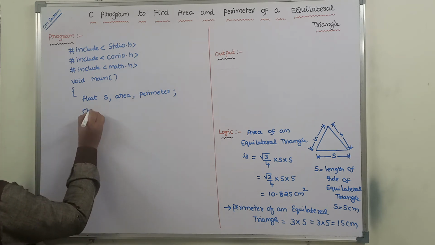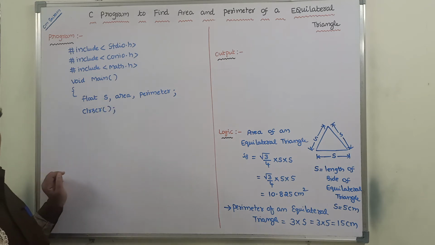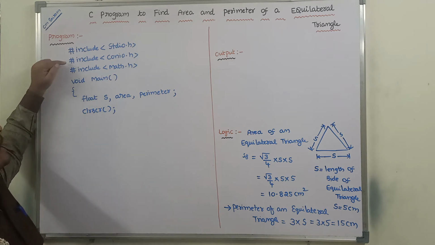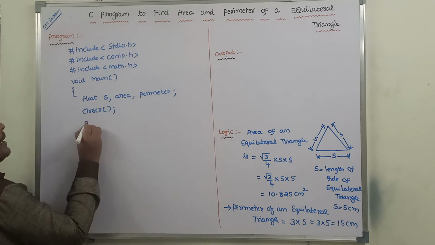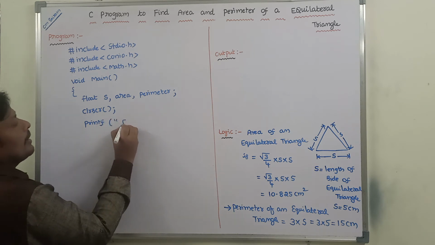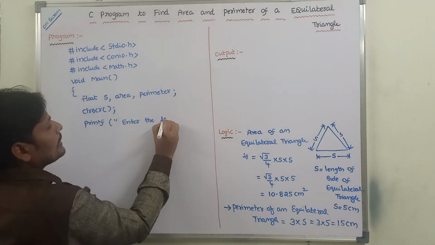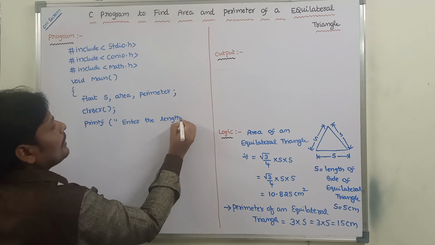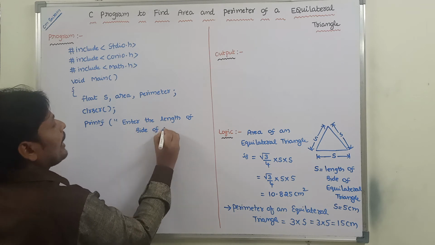Next one, clrscr, the clear screen function. This function clears the output screen. This function is available in the header file conio.h, so this header file is included in our program. Next one, printf, enter the length of the side of the equilateral triangle.